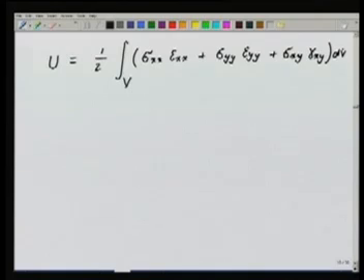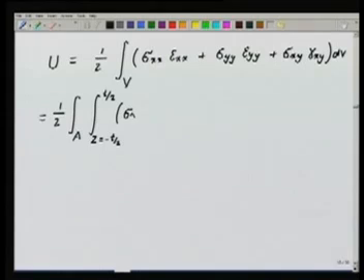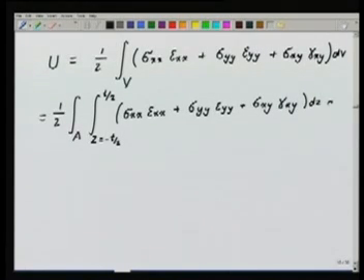This we can write as half integral over the area, since the volume integral becomes essentially an integral over the area into an integral for z going from minus t by 2 to plus t by 2 of sigma xx Exx plus sigma yy Eyy plus sigma xy gamma xy into dz dA. We will put this within brackets.